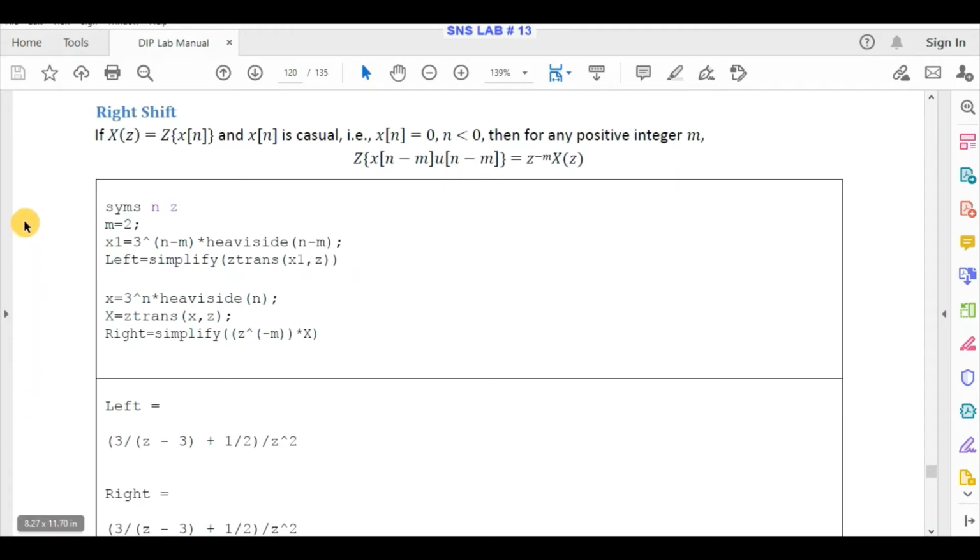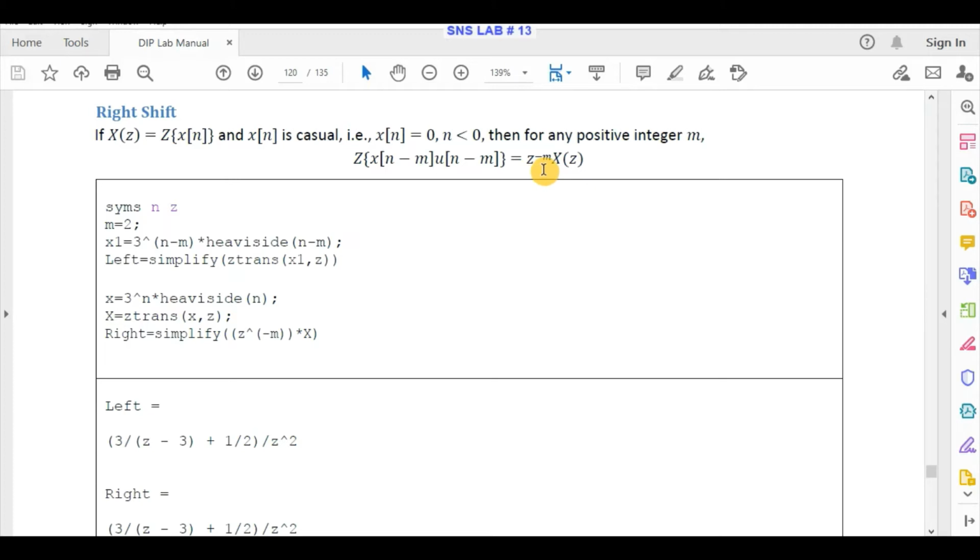The second property is shifting. Shifting property states that if X of z is the Z transform of x of n and x of n is causal, so in that case, if we shift the signal by a value of m, its Z transform will be multiplied by z power minus m.